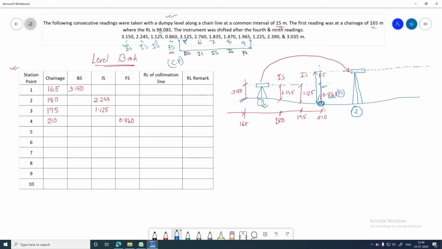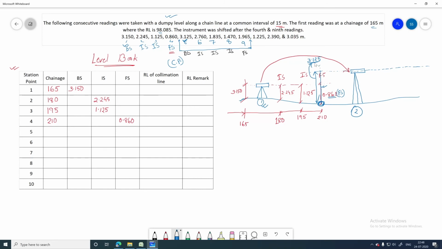At this chainage 210, the value of the backside reading is given, that is 3.125. So we need to put this 3.125 at chainage 210, but the value will be put at the BS, that means the backside reading.